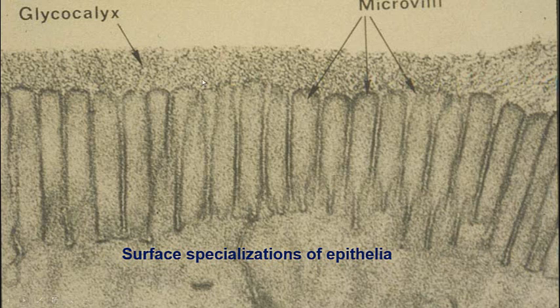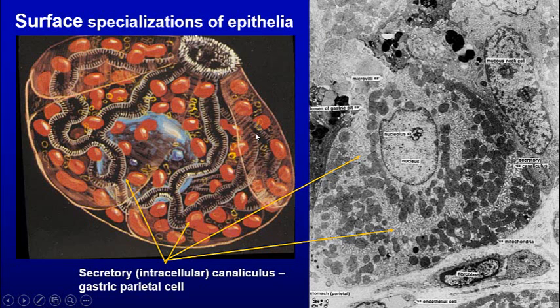So to amplify the surface area, in the intestinal absorptive cell, we have a brush border, which is uniform microvilli of high density, and they're covered with a glycocalyx. And here we can see a parietal cell. This is a drawing of one, and this is a real one. And we see lots of mitochondria in through there, which is necessary to pump hydrogen ions out.